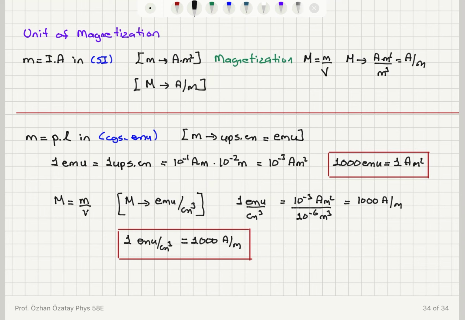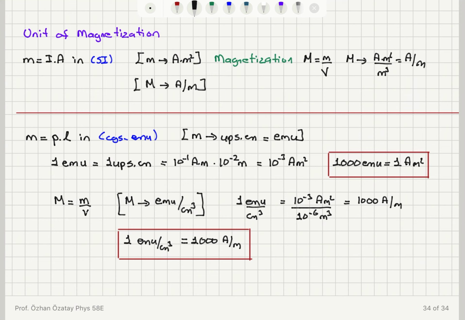The magnetic moment is current times area in SI. For a current loop that carries a current I and has area A, it's measured in ampere meter squared, and magnetization is magnetic moment per volume. It is measured in ampere per meter. Magnetic moment in CGS is pole strength times the distance between the two identical poles, P times L. It is in UPS centimeter, which is EMU, called electromagnetic unit.